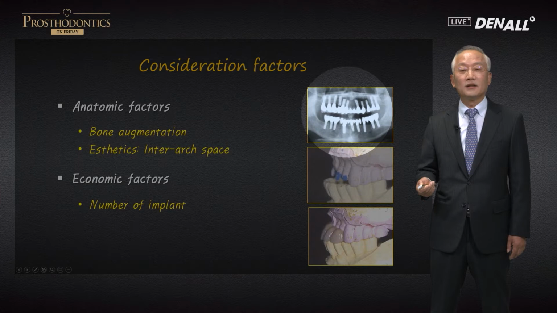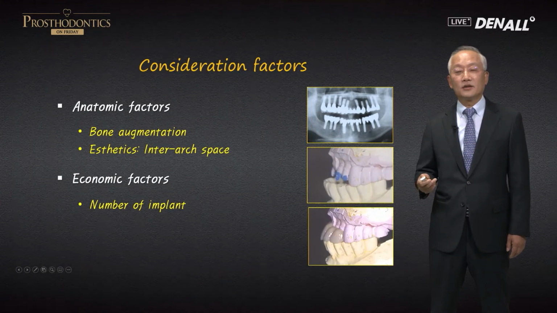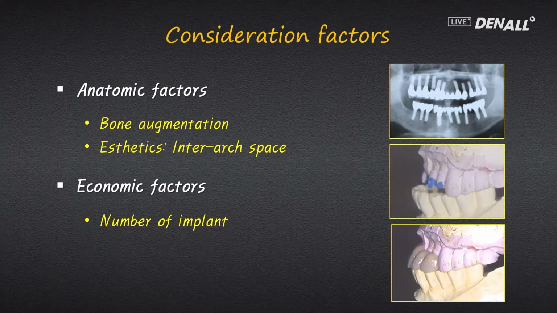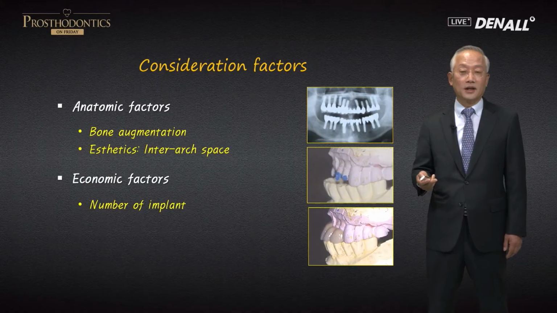This is the image of my patient. The patient received the full implant treatment and prosthesis from a local clinic. In the anterior aesthetic area, lip support was lacking, so aesthetically the patient was very unhappy, and she came to the university.